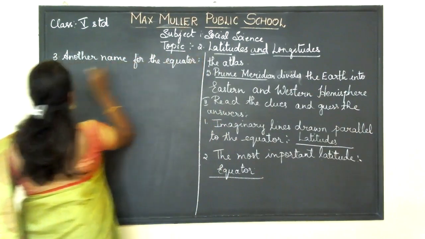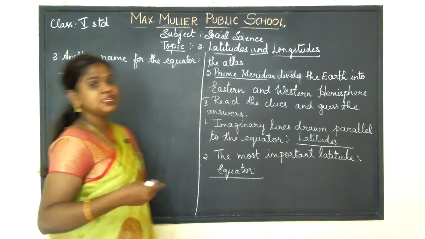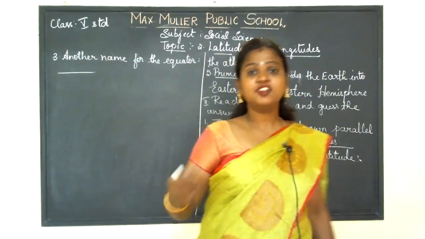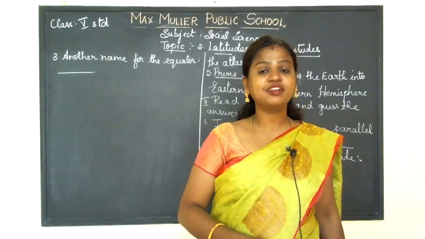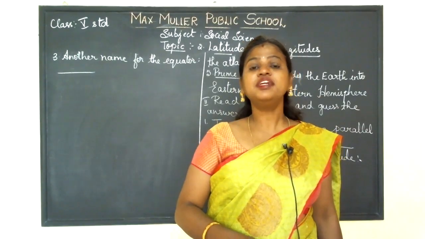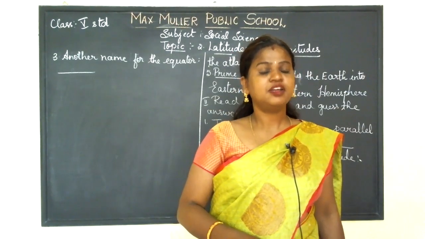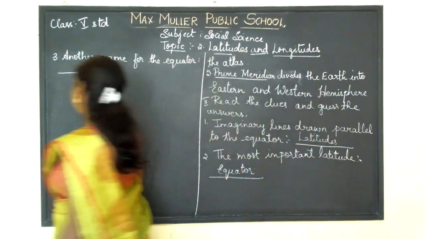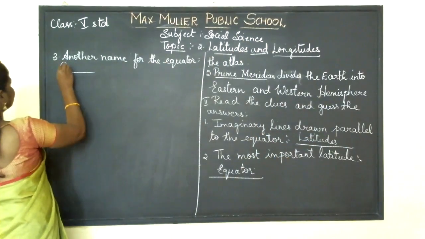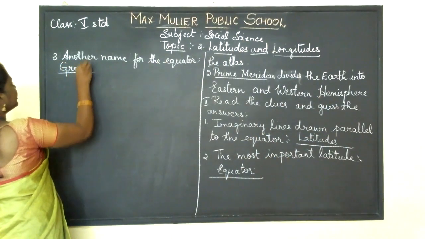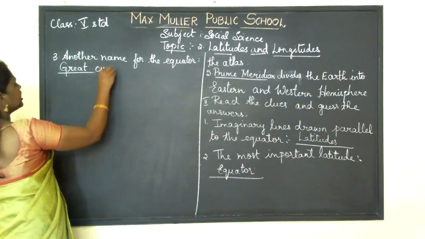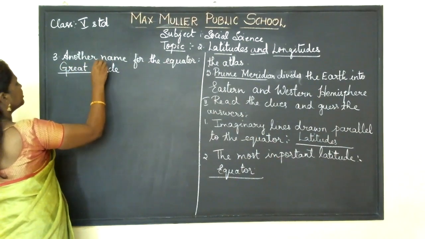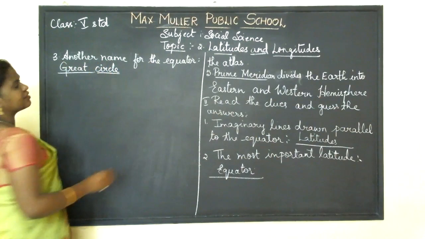What will be the other name for the equator, children? In the last class we learned some of the characteristics of latitudes. The other name for the equator is great circle. The spelling of great circle is GREAT, CIRCLE, great circle.